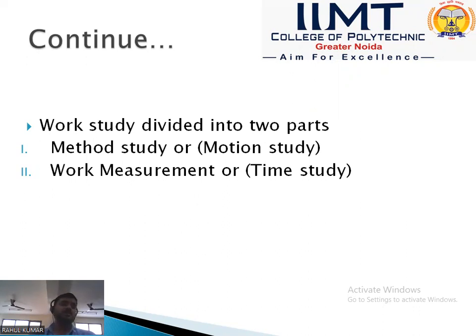In method study, we are studying various types of charts and diagrams. And in work measurement, basically we study how we are doing the job and how much time it takes to complete the work. We are studying the standard time, how much time an average worker takes to complete a job.